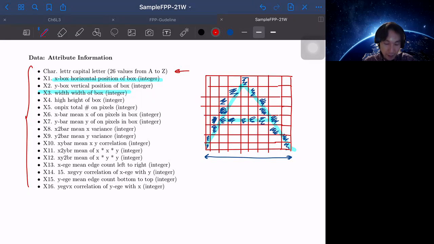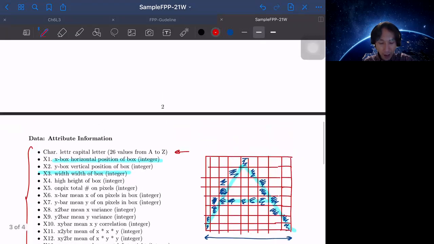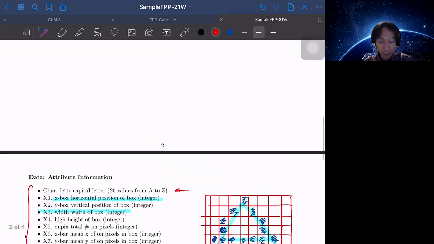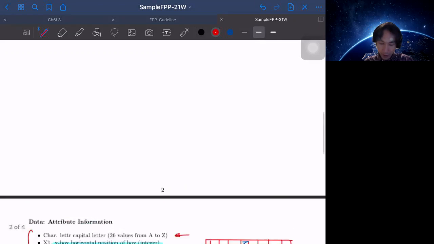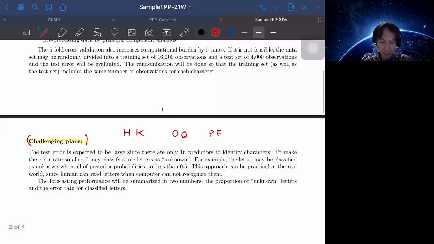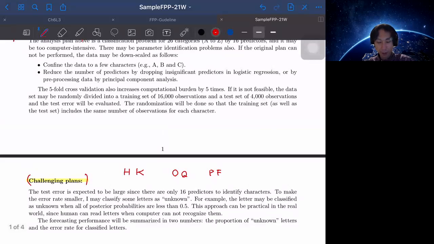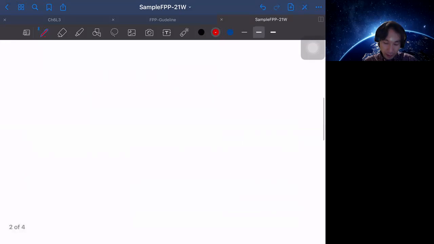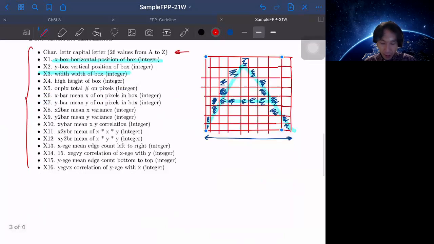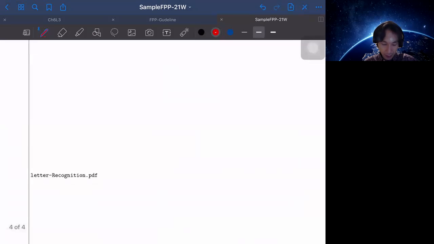We have 16 variables, and we will see whether these 16 variables can distinguish A to Z. This data set is not handwritten characters, but different fonts, so it's probably easier to recognize compared to handwritten letters. So this is the data description and the actual data.